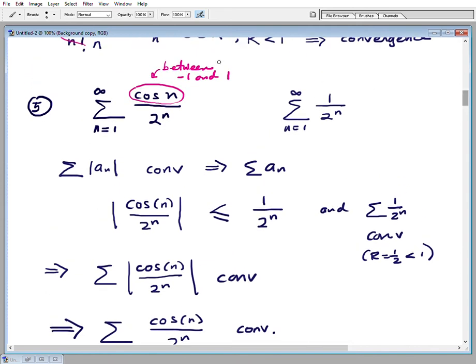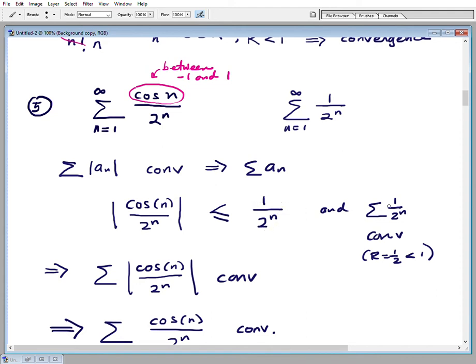So when you look at this, it's very important to realize that cosine is between -1 and 1. And so then you should realize that this thing converges, because if this is between -1 and 1, then you could compare it to 1 over 2 to the n, especially when you take the absolute value. You get numbers up here that are less than or equal to 1, so certainly you can compare to 1 over 2 to the n.